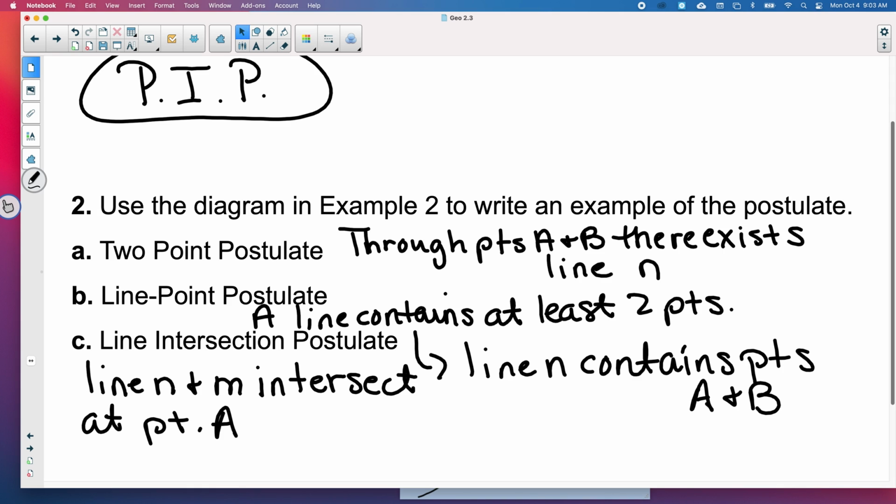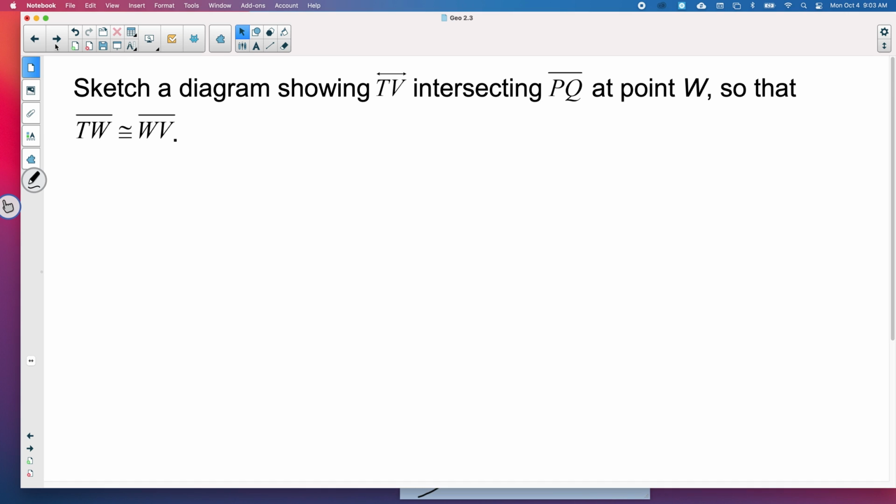We're about done. So 2 more things. Okay, sketch a diagram showing line TB intersecting segment PQ at point W so that TW and WB are congruent. Okay, that's a lot.